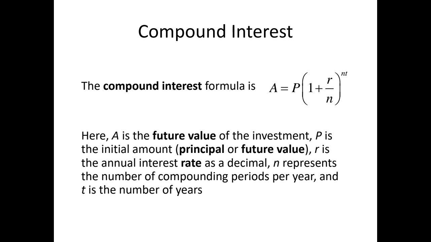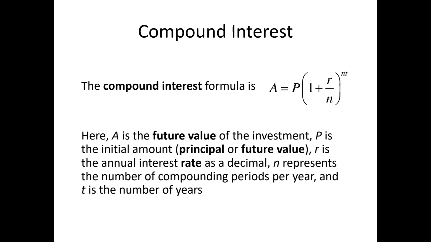So A for annuity, but for us, the way we want to learn what these variables represent is by using these definitions. I want you to think of A as our future value of an investment. P is called our principal, but I like to call this our present value. Okay, so if you want to purchase, let's say, a car now or a home, we have what's called our present value, but after taxes and all of that, we'll have a future value.